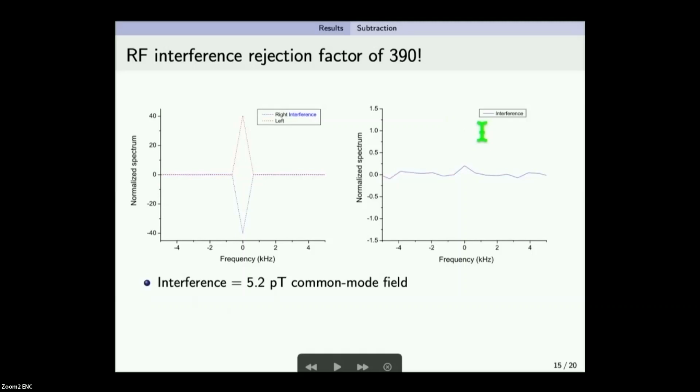It's common mode, so it's the same on both sensors. You can measure the signal on the left and the right sensor, and they're oppositely signed due to the wave plate. But when you do the optical subtraction, you can see that the signal cancels down to way less than the size of the actual gradient signal that was measured.